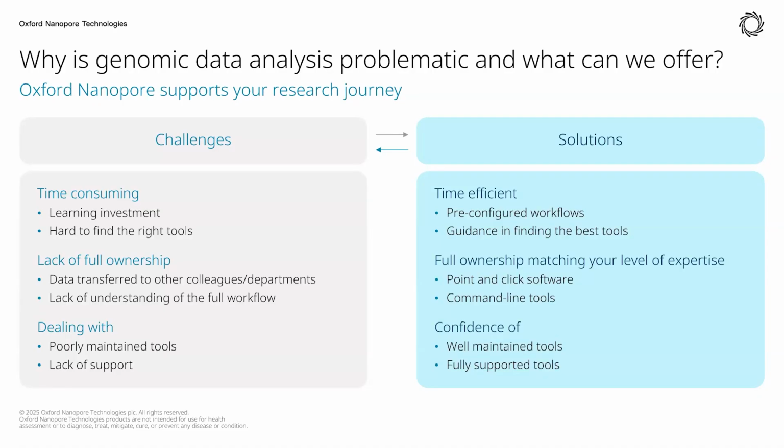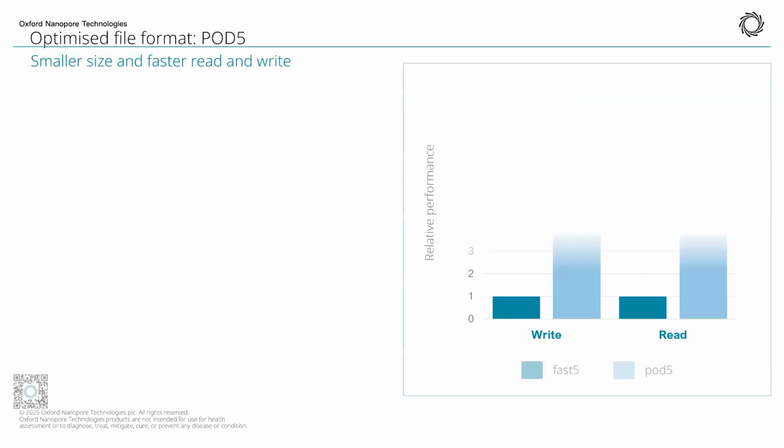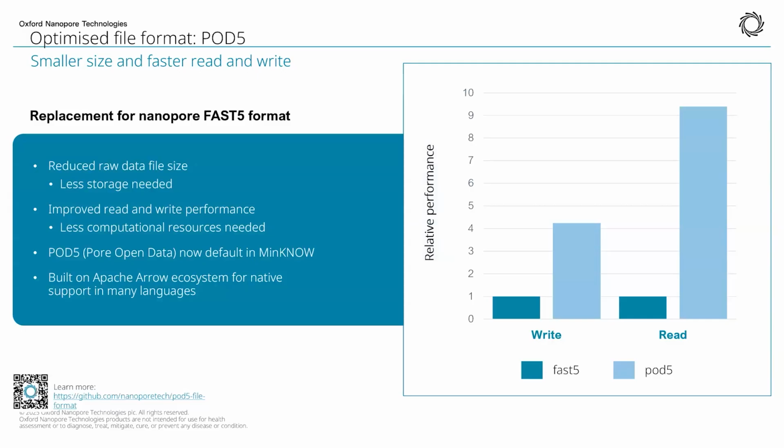And first, for the data analysis part, I want to directly go into the different file formats which you will be dealing with when you are doing Nanopore sequencing. So Nanopore raw data has traditionally been stored in FAST5 file format.